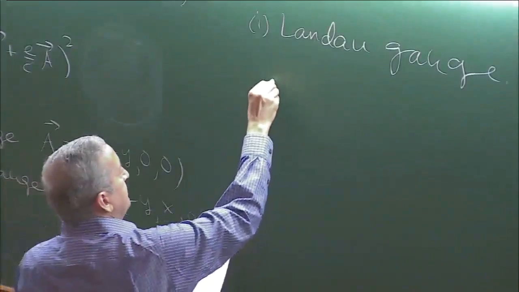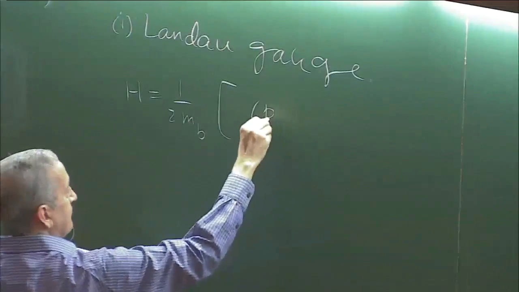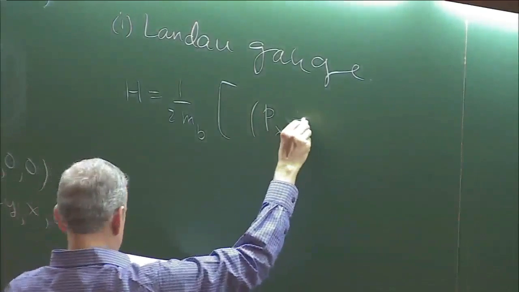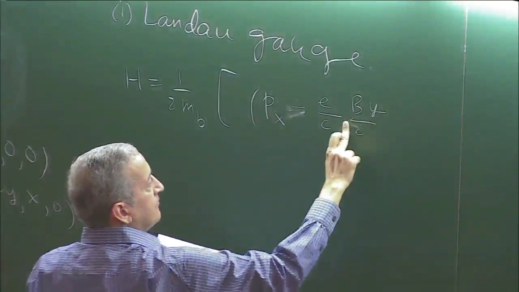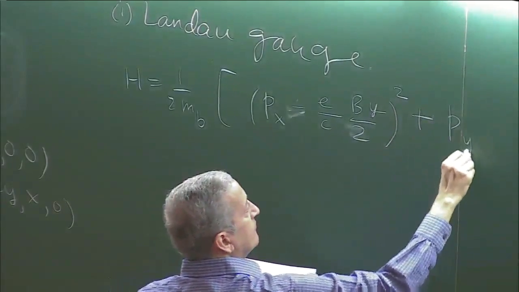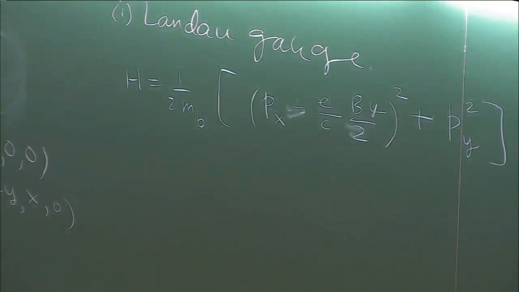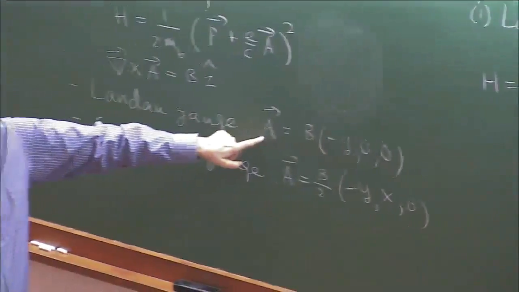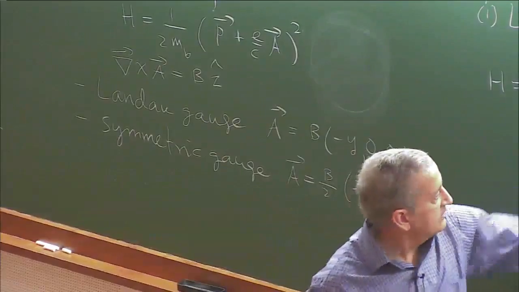That will give me this, because the y component of the vector potential is 0 and the x component is equal to minus B times y.